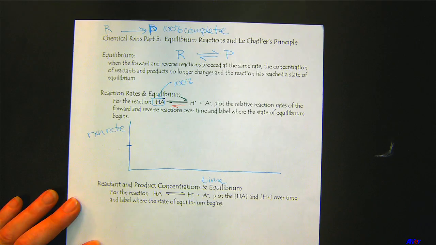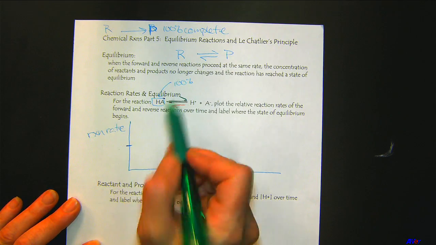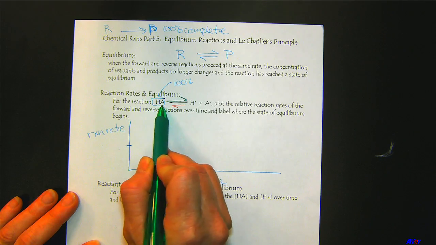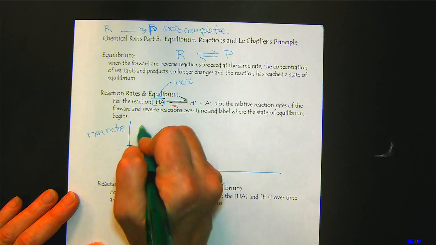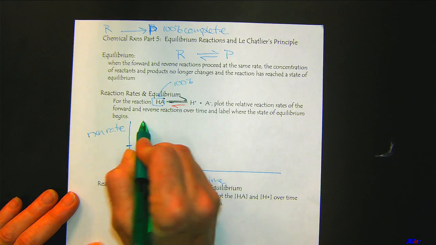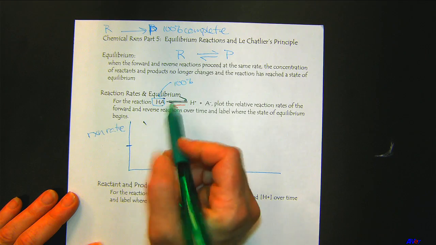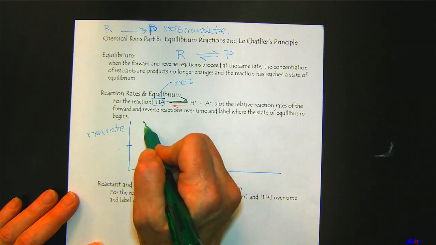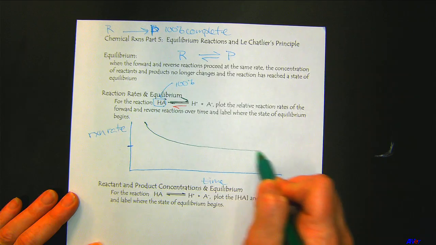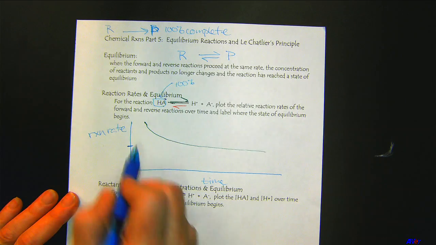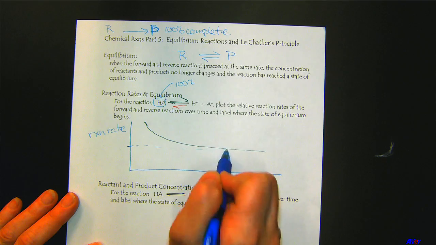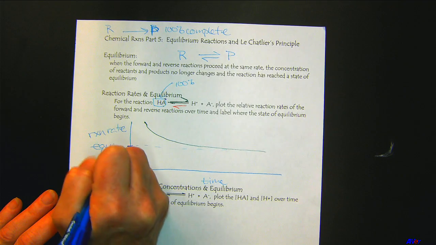Initially all we have is HA, so it dissociates and has a very high rate, but then as the concentration decreases, the rate lowers. And then this right here is when we're at equilibrium.